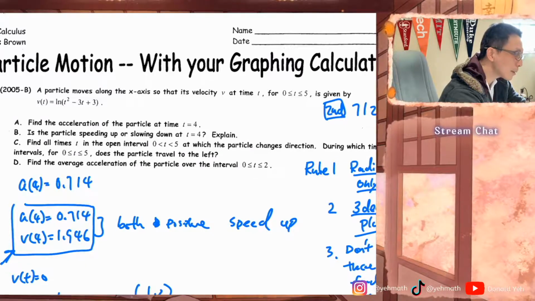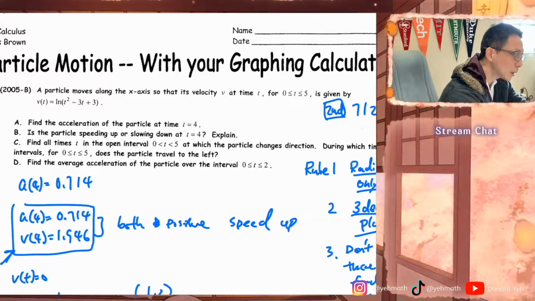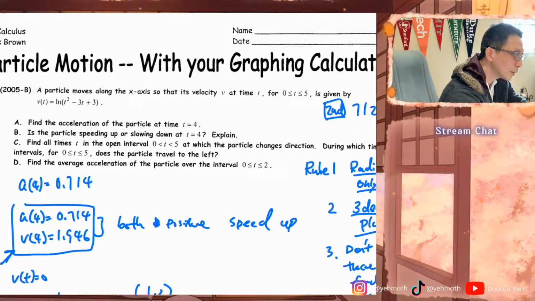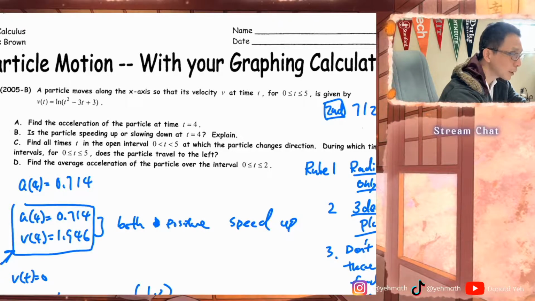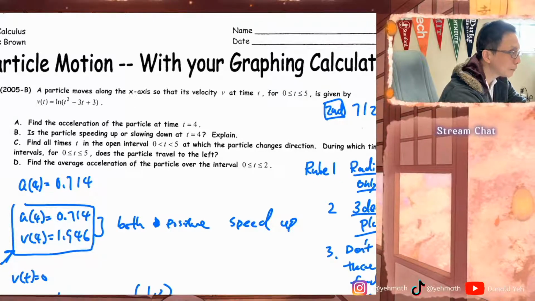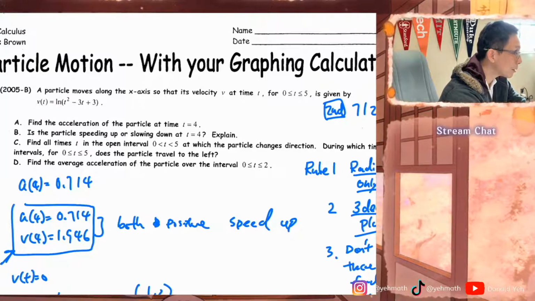Oh, this is not 6. This one should have been 8. X squared at 2, so it should be 8, because 2 times 4 is 8. Yeah. You know what you're doing. You just need to fix those. Okay. Small part, not big.